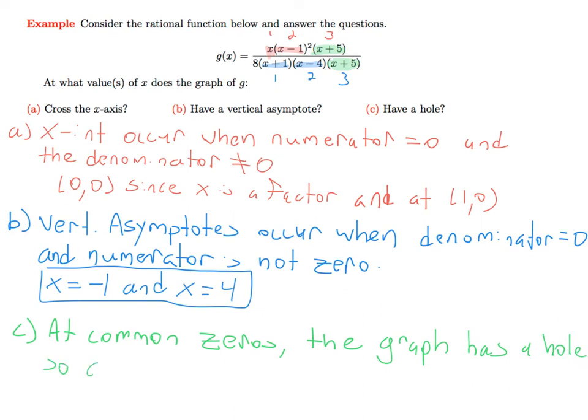This means at x equals minus 5, there is a hole. Okay, so it's not an x-intercept because x equals minus 5 is not in the domain, and it's not a vertical asymptote. So here we have a hole.